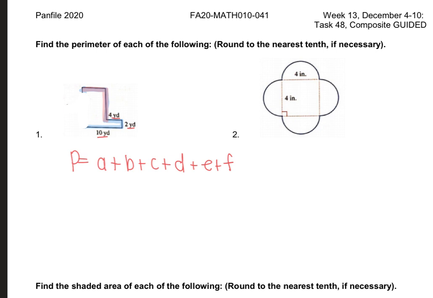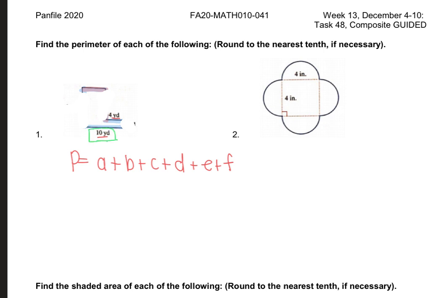Hang on. Okay. Basically, we wanted to focus on tops and bottoms. So if I look at the bottom, I know it's 10.